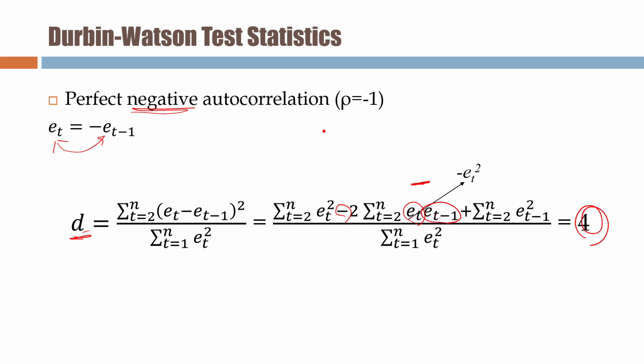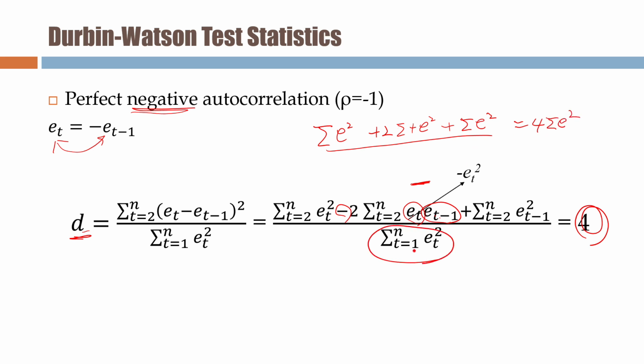So if you add up the sigma of e squared, minus 2 times minus sigma of e squared, this becomes plus sigma of e squared. So altogether this is 4 sigma e squared.